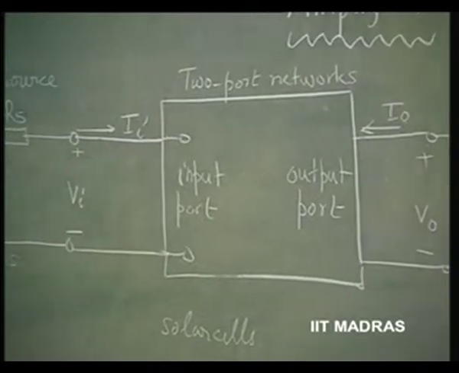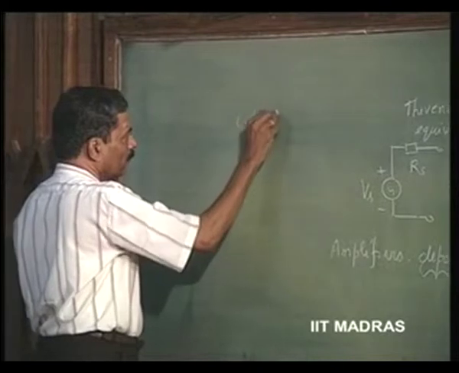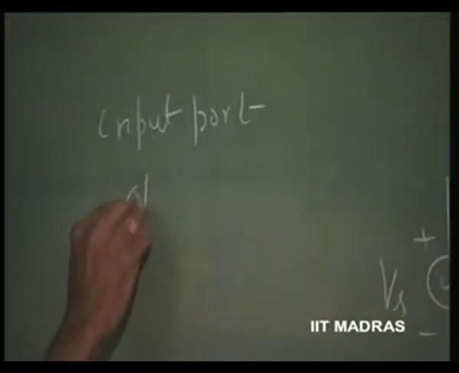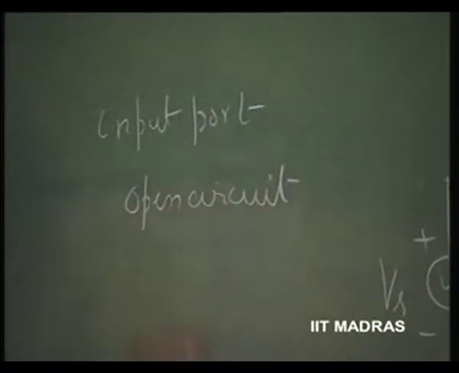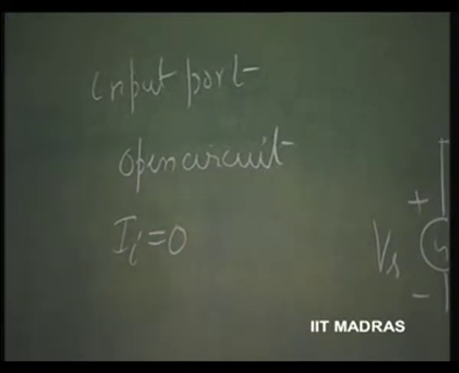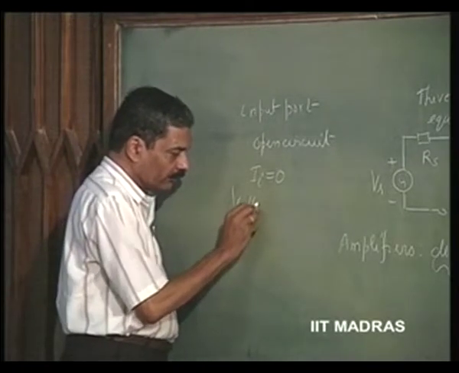So, if the input port is an open circuit, then obviously I is 0, which means this amplifier becomes voltage controlled.